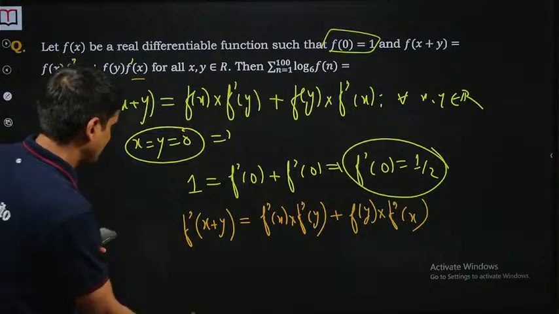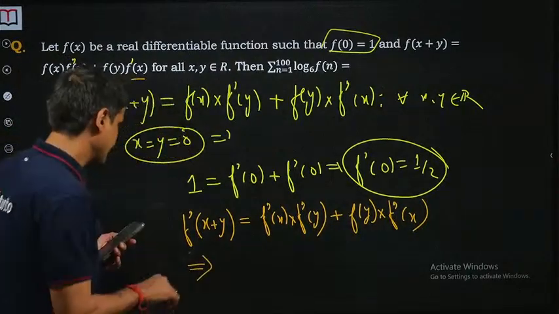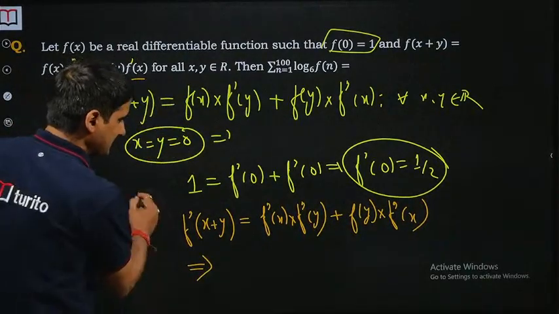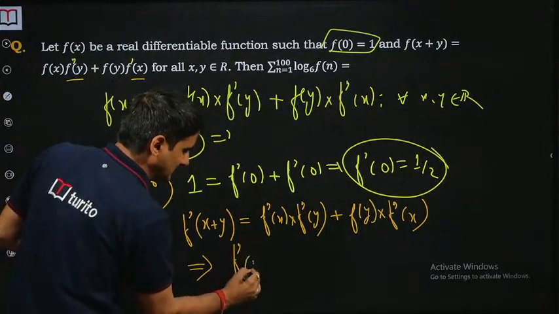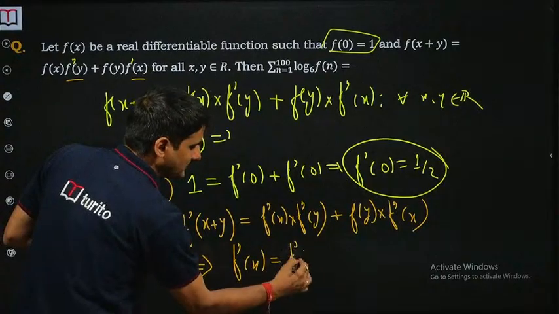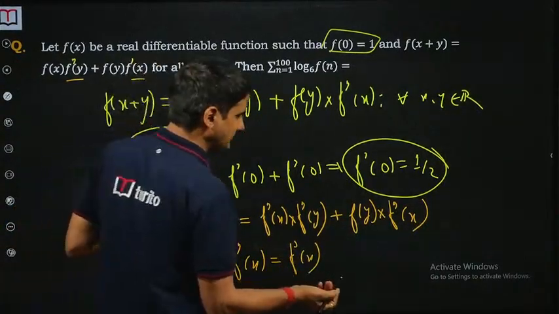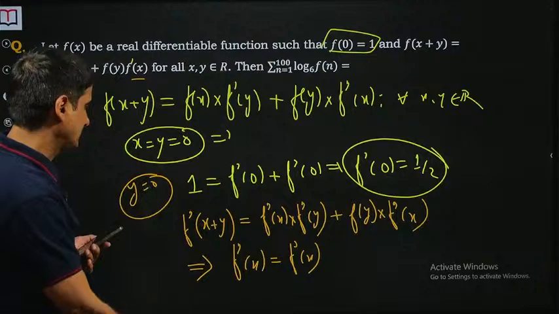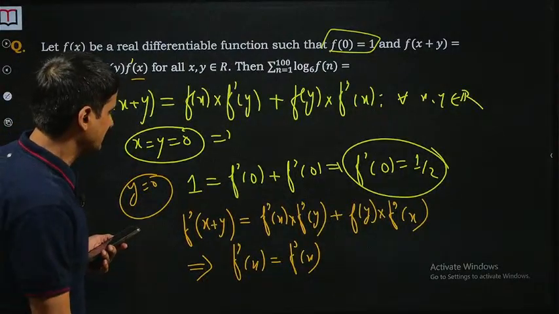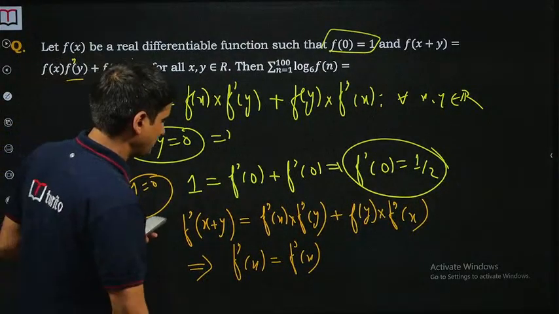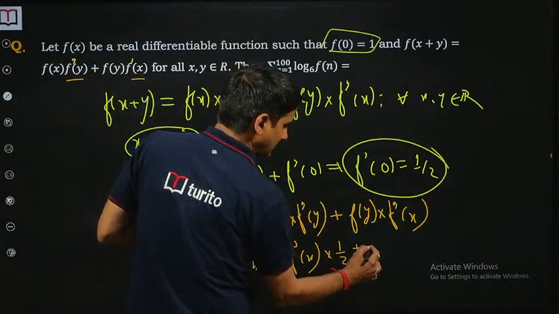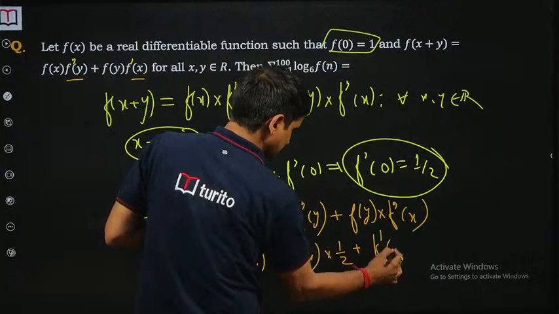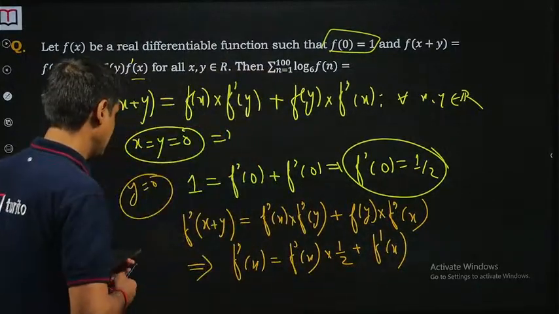Right. So if I put here y equal to 0, what do we get? F dash x is equal to f dash x into f dash 0. Okay. We got an identity relation. Just a minute. Because f dash 0 is half here. And then this is 1 and f dash x. Okay, wait. There's something wrong.